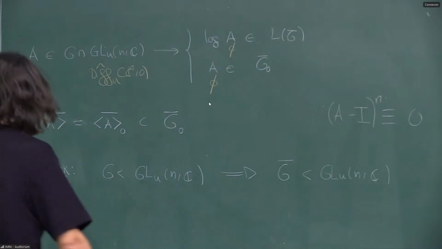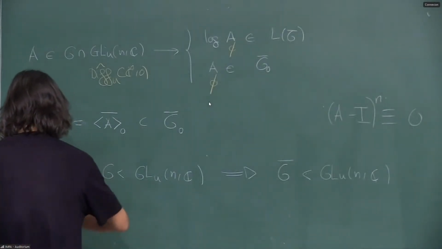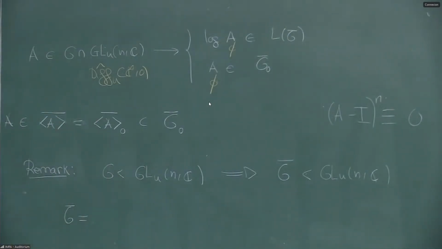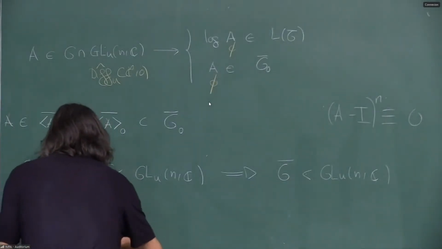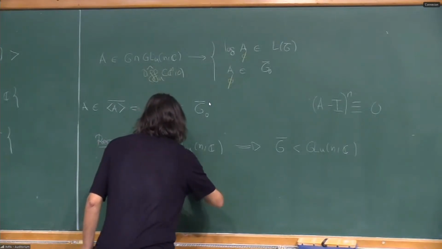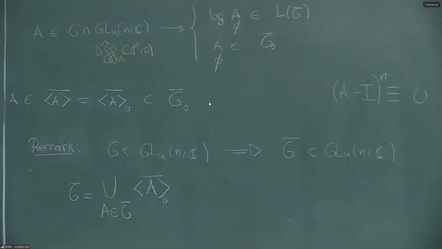And in particular, that implies that you can actually write down the closure of G in the following form. You consider the union, for the elements in the closure of G, of the connected components of the identity of the closures of the cyclic groups generated by them.